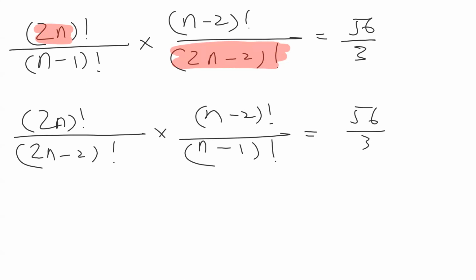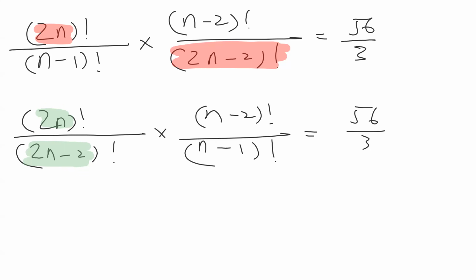Now out of 2n and 2n minus 2, the bigger term is 2n, right? Because if we assume n as 10, 2n will be 20 and this will be 18. So 20 obviously is bigger.